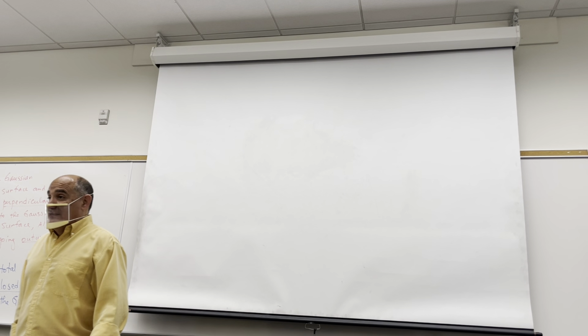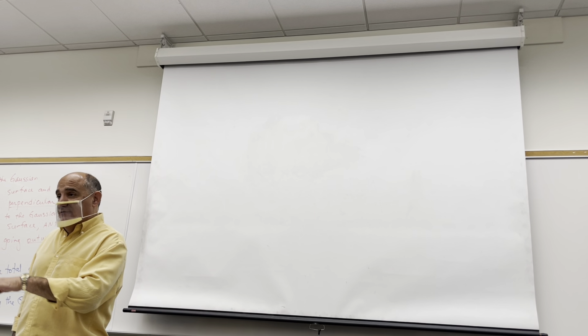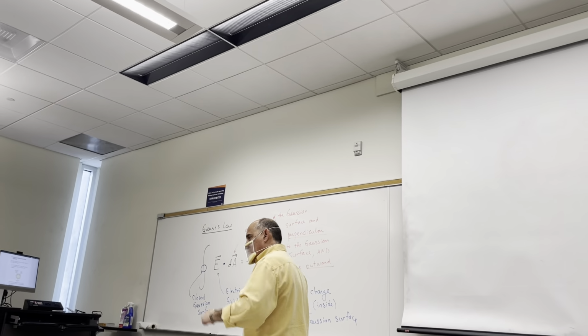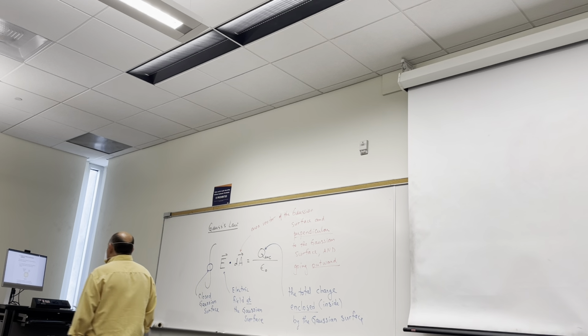Isn't that cool? It's just going to take you longer to say it than to know what the answer is. So we're building to that level where you can just say, of course, it's going to be this charge.